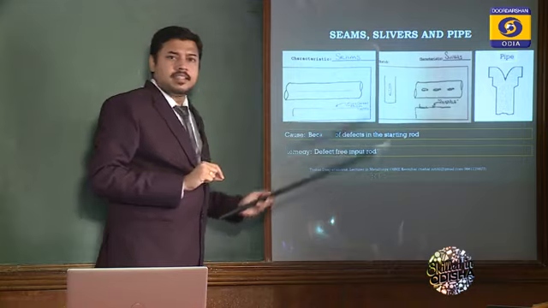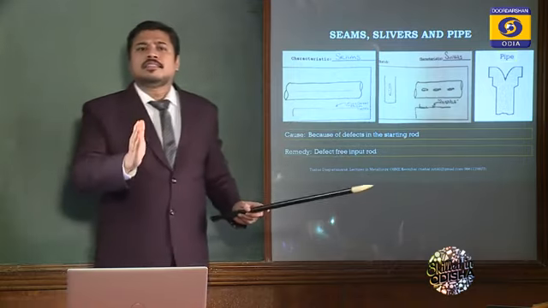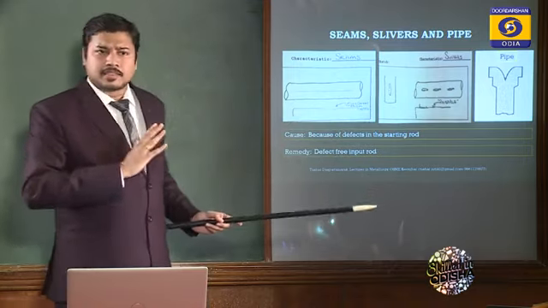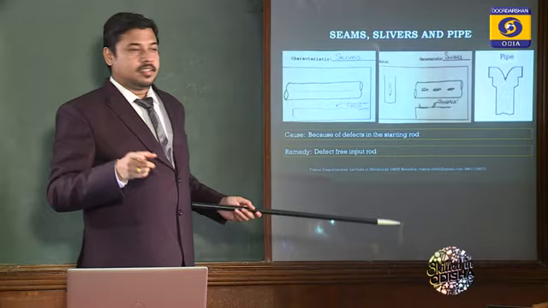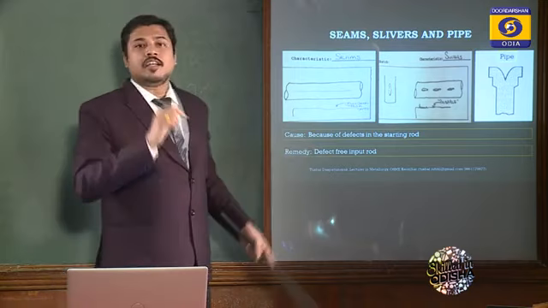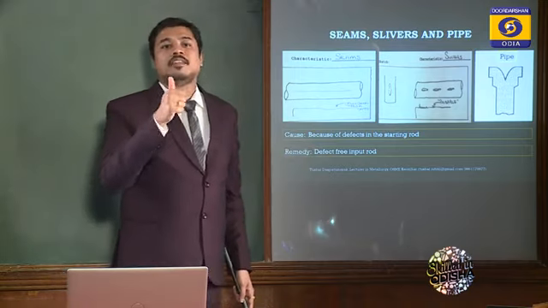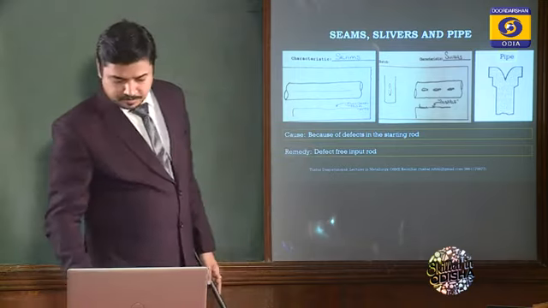What is the cause of it? There is no cause during the process. The cause comes from a defect inside the starting rod. If the starting rod is defective, the wire will definitely be defective. So what is the remedy? Defect-free input, or a defect-free rod, must be used.